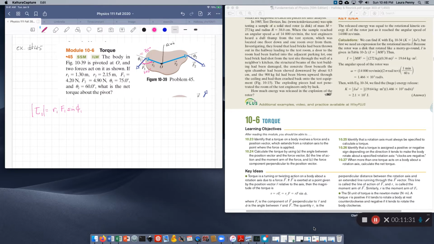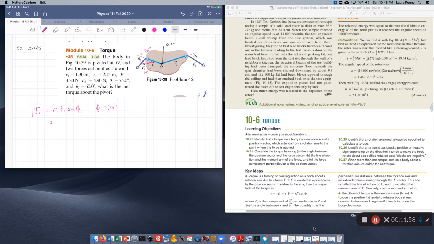So phi 1 is 105 degrees. That's the angle from R to F. And so the amount of this torque is 1.3 meters times 4.2 newtons times the sine of 105.